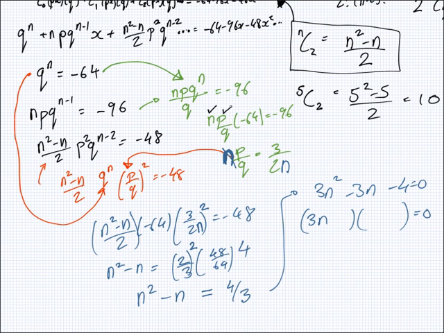The p is correct. The q is correct, and this is q^n, that's correct, and that's minus 96. Yes? And then I lost the n here, should be 3 over 2n. Okay, good, fine. And then I put that in here, isn't it? Replacing this. So yeah, there should be an n there. So that's no big deal. That just brings the n up to the right. So there should have been an n squared here, which means there should have been an n squared here, which means this should have been 4n squared.